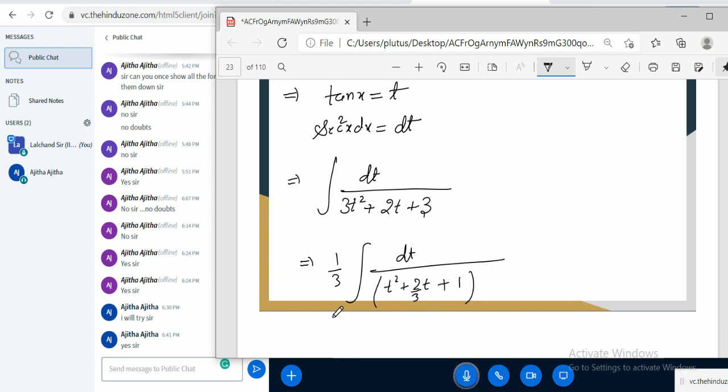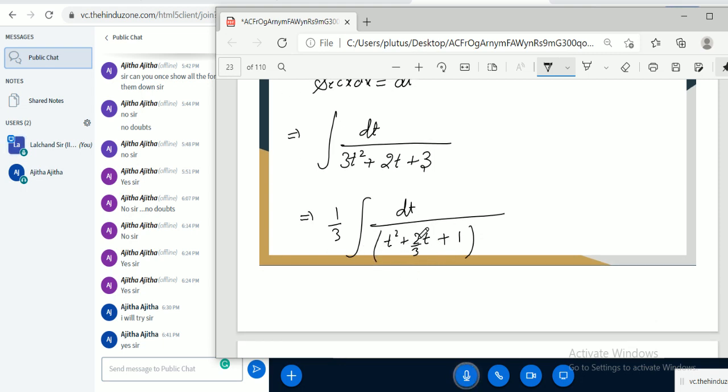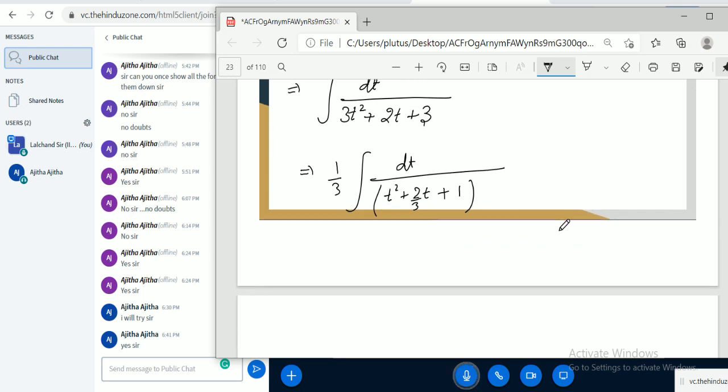Okay, if we make a whole square of this quadratic expression, then we have 1 by 3 dt, and how do we make a whole square? By adding and subtracting the square of half of the coefficient of t.